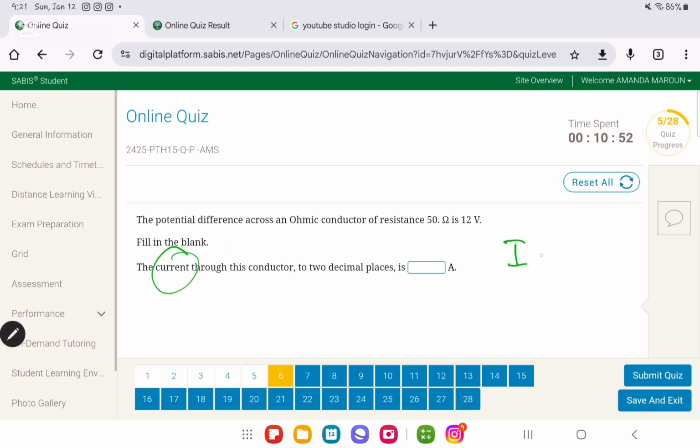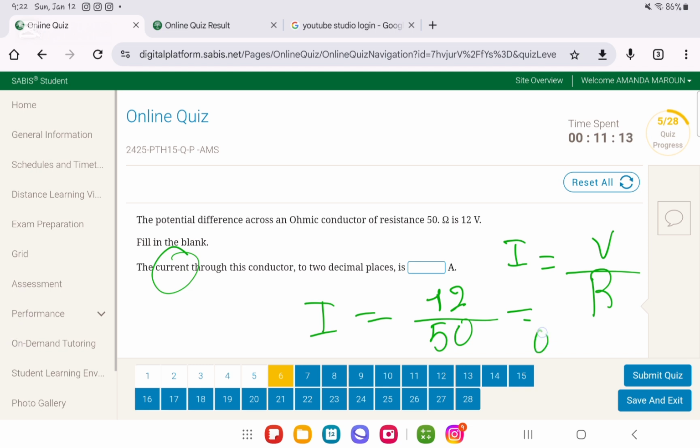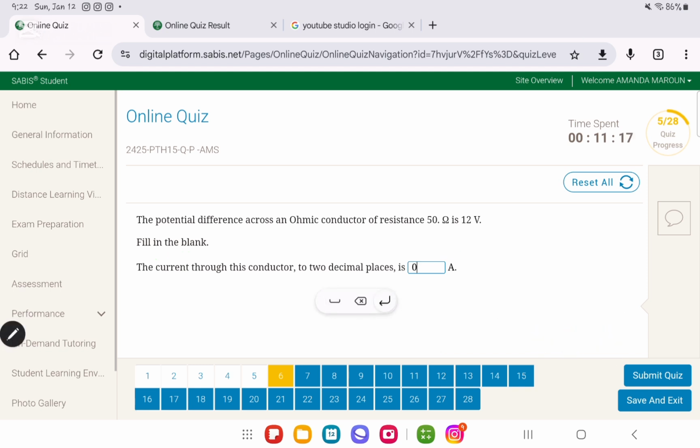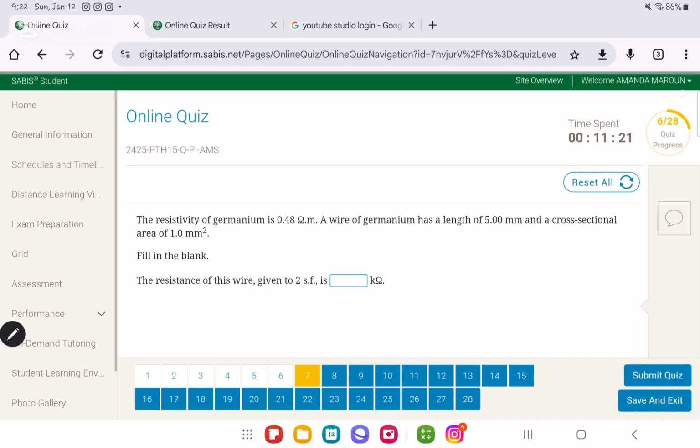We know that the current I is equal to the voltage V divided by the resistance R. So we are looking for I. I is equal to the voltage, which is given as 12, divided by the resistance, which is given as 50. So 12 divided by 50 is going to give us an answer of 0.24 amperes. So to 2 decimal places, it is 0.24 amperes.